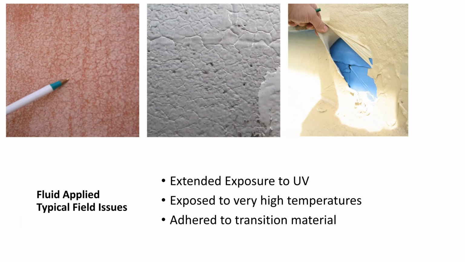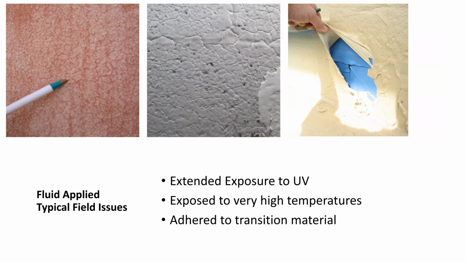Well, extended exposure to UV. If you start to see a bit of a chalkiness to it, if it starts to change colors, that could be an indication of exposure to UV.